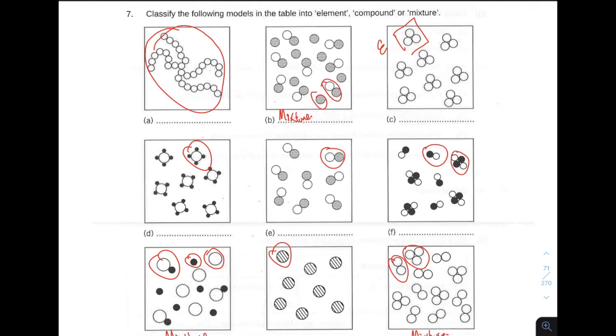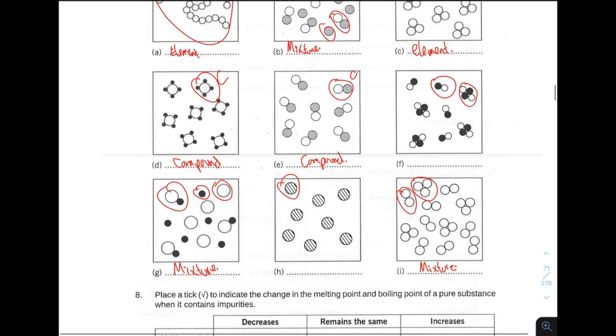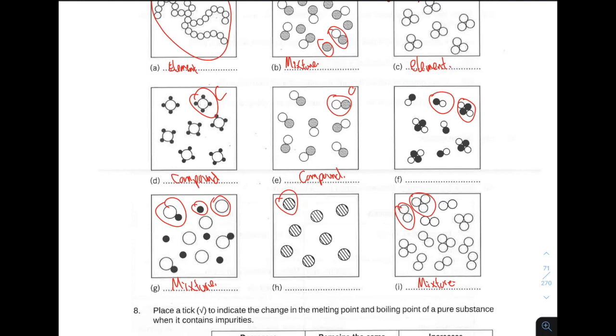So this one only has one particle, so this is actually an element. Only one, so it's an element. Here there are 2, so it's a compound. 2 different shapes. This one also has 2, so it's a compound. And this one has 1, so it's an element.